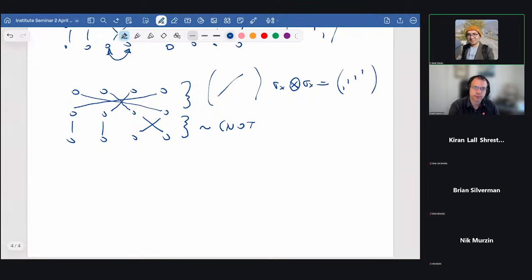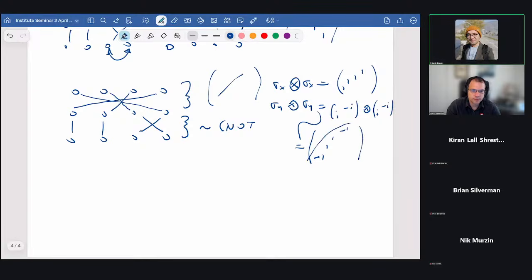One may also consider sigma y, another Pauli gate, and that would be step by step. And that should be -1, 1, minus. So it's also in this form.